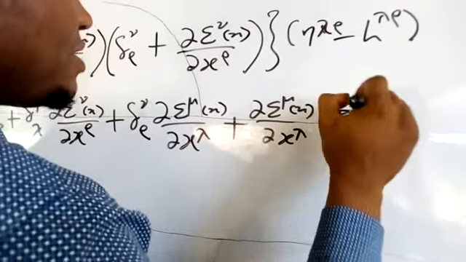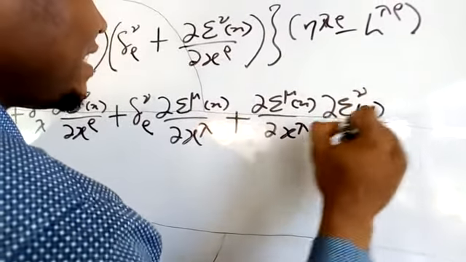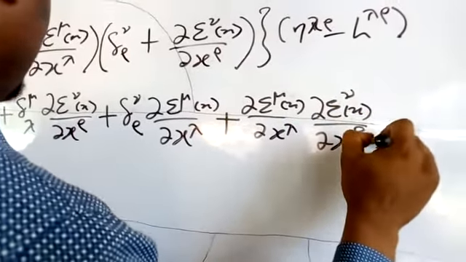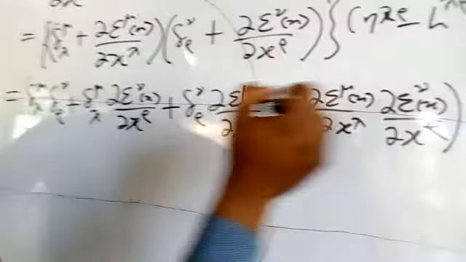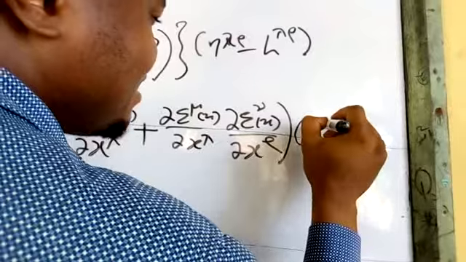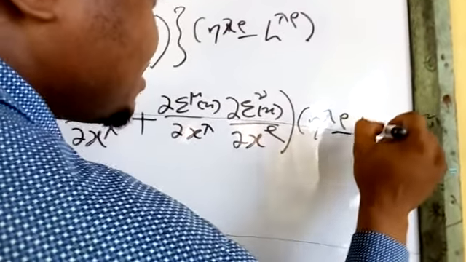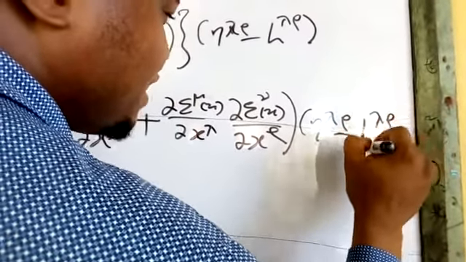This will be ∂ε^μ of x, ∂x^λ times ∂ε^ν of x, ∂x^ρ, and then of course this whole thing here is multiplied by η_λρ minus h_λρ.